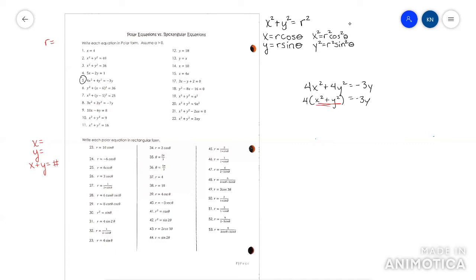I can call that r squared. Like that. So really now I have 4r squared equals negative 3y. Okay, again, when you're going to polar form and you want r equals, you can't have any x's or y's. That's no good. So the next thing I would do is use a rule change on this y right here. So that would look like this.